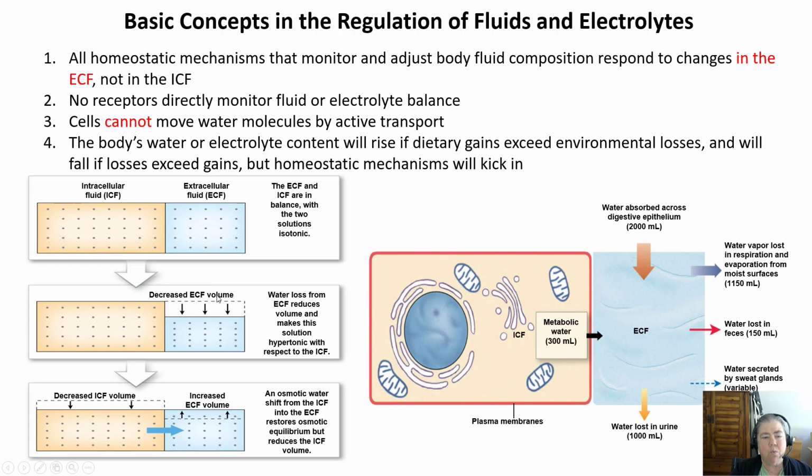Now, suppose you lose water from the extracellular compartment. One way you could lose water is through diarrhea. If we lose water in excess of electrolytes, then our volume is decreased, but the extracellular compartment now is more concentrated.